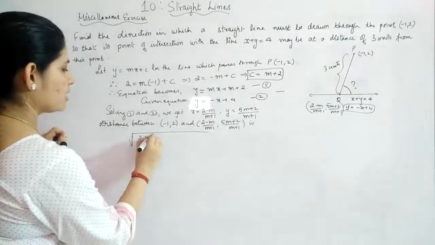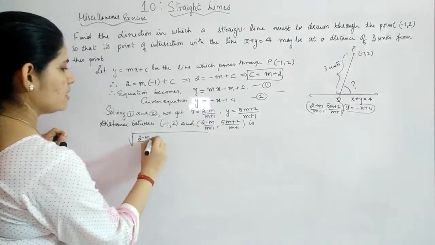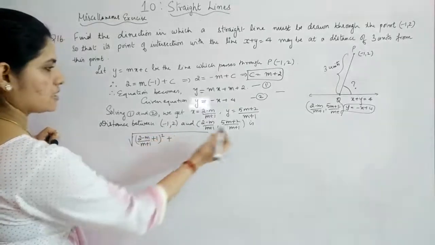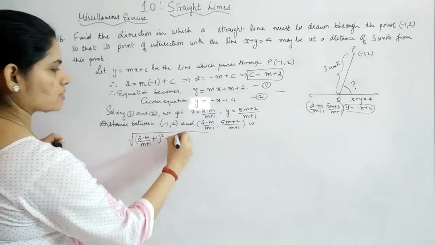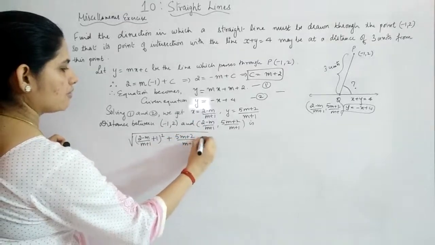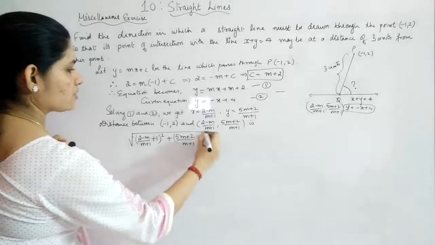So you get [(2 minus m)/(m plus 1) minus of (minus 1)] plus 1 the whole square, plus again (y2 minus y1) the whole square, [(5m plus 2)/(m plus 1) minus 2] the whole square.